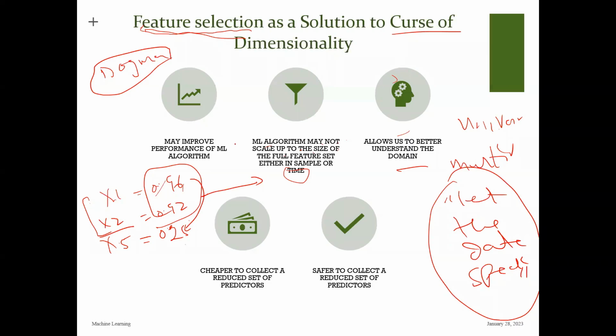Also, when you have a lesser number of features, we know that it is cheaper to collect a reduced set of predictors. So in addition to feature selection helping us to solve the problem of cost of dimensionality, it also grants us the opportunity to have a cheaper set of features.